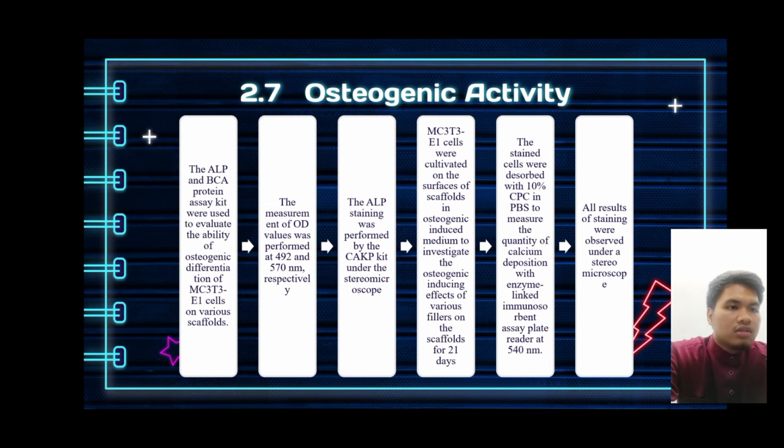Next, the stained cells were observed with 10% CPC in PBS, or the quantity of calcium deposition was measured with an enzyme-linked immunosorbent assay plate reader at 540 nm. And lastly, all results of staining were observed under a stereo microscope.